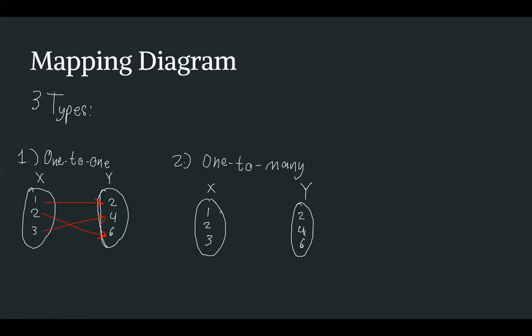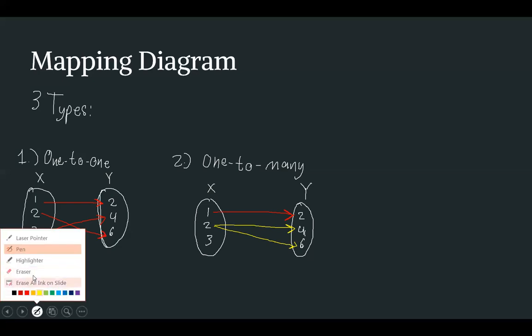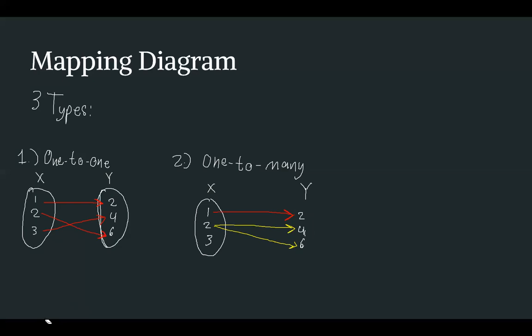Let's just say I match 1 to 2 here, and then this one, 2, I match to 4 and 6. Wait a minute, I think I missed something. I forgot one number here.